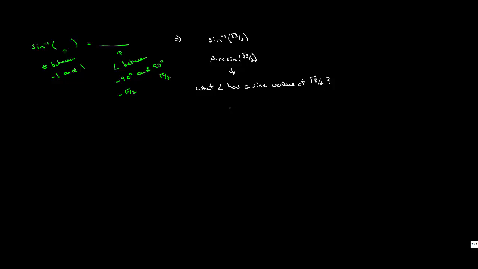Now, where do we have to look for that angle? Well, here's my unit circle. We have to restrict ourselves to these angles right here that fall between negative pi over 2 and pi over 2. So what we do is we go to a height value, because that's sine.